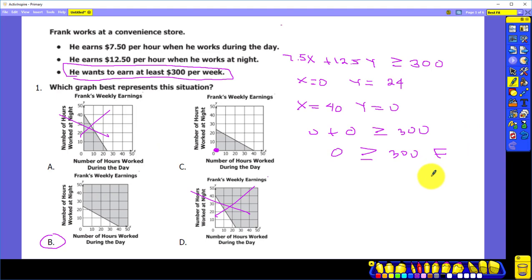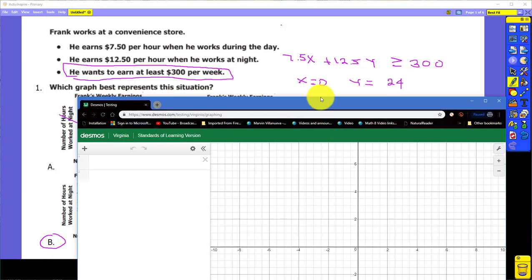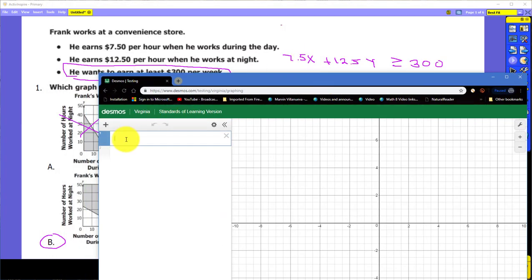We can also use our Desmos to check our answer. Alright, so let's check our answer using Desmos. So I'm going to type in 7.5x plus 12.5y greater than or equal to 300.